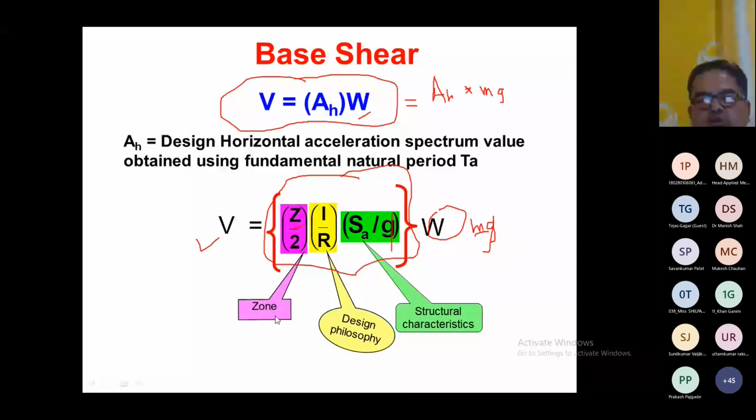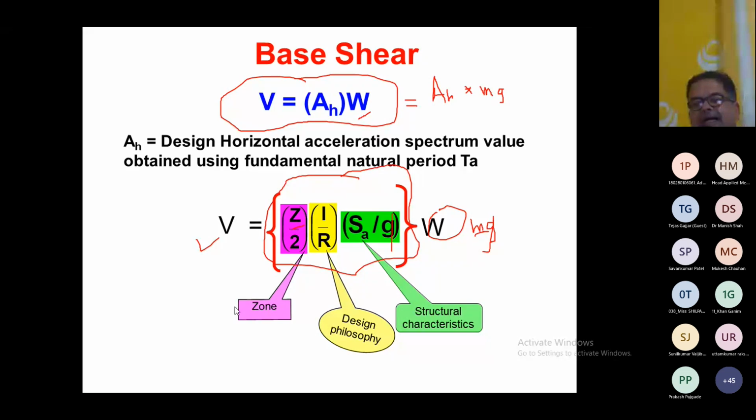Zone 2 has the least seismic risk and zone 5 has the highest seismic risk. The value of Z depends on the zone, with a higher value for zone 5 and a lower value for zone 2, right?